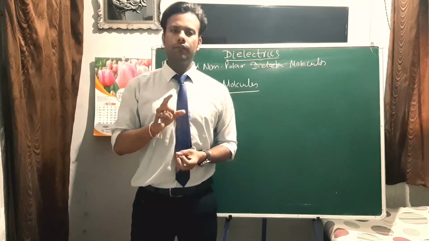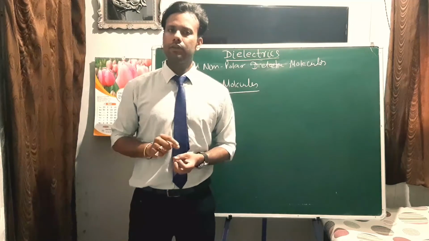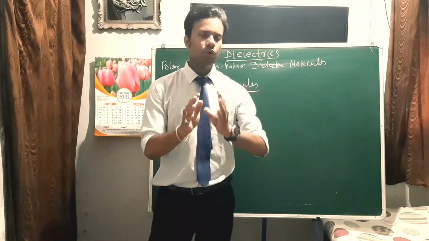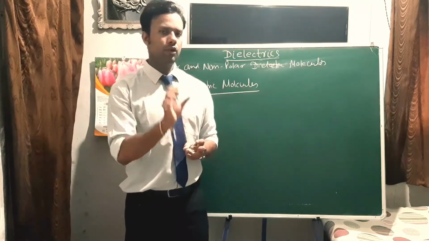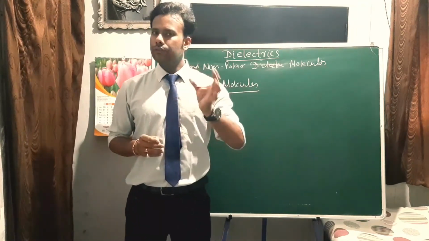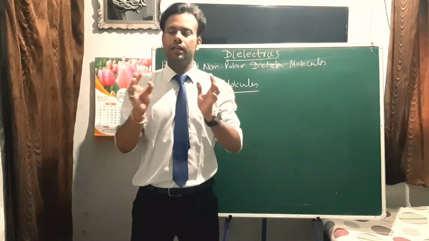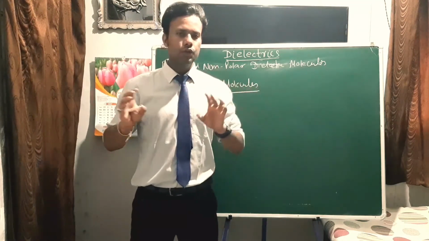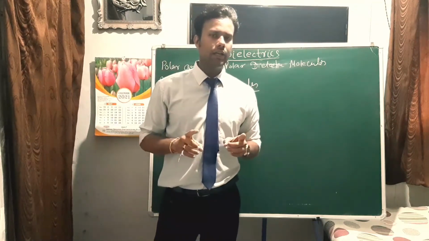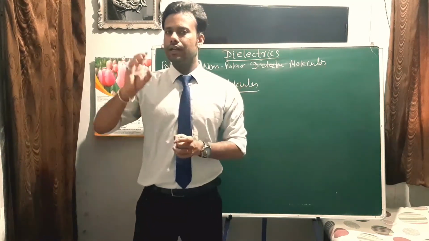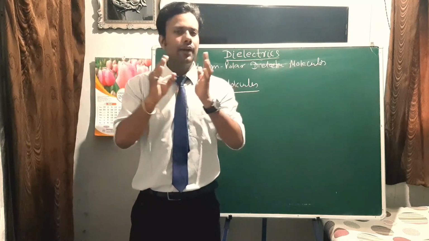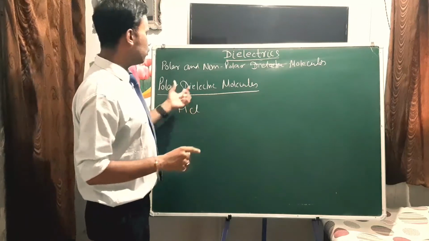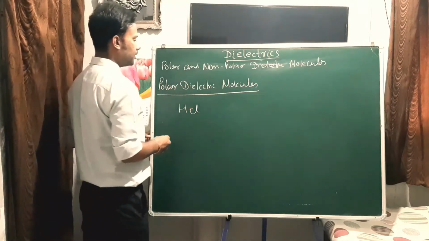If you remember, we did this quantity in the first chapter, where P equals Q into 2L. So in polar molecules, the positive charge and negative charge are separated by a finite distance. So the centers of gravity of the positive charge and the negative charge are separated by some finite distance. Let's take the example of one polar dielectric molecule, let's say HCl.